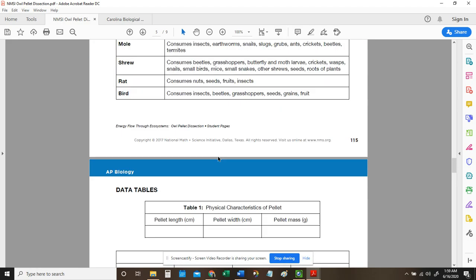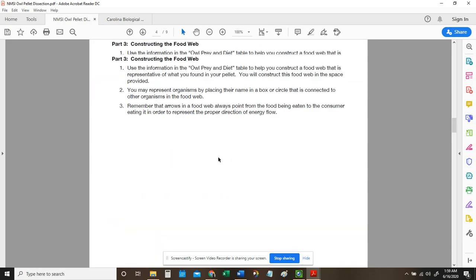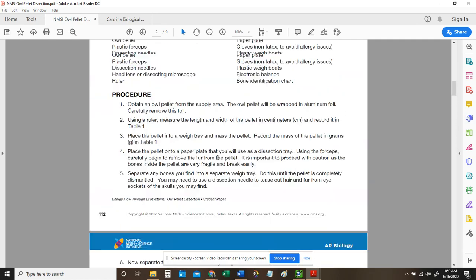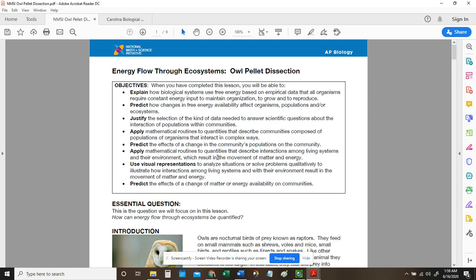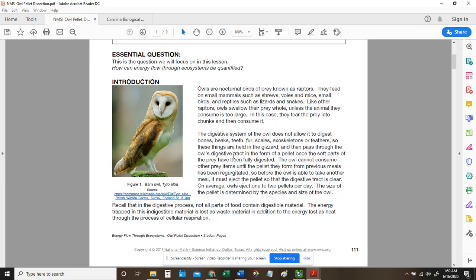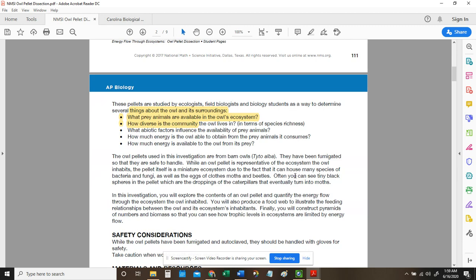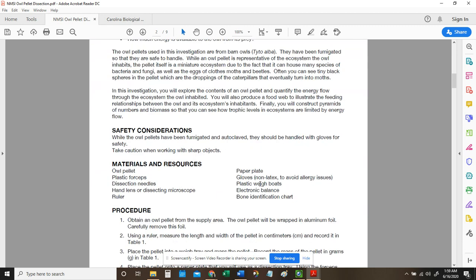Now, what I would also recommend is, let's say owl pellets are not something that are common around your area. You could also try doing this with an albatross bolus, which is very similar. The only thing is you might have to make some adjustments to the document when you print it out. Obviously, this won't apply to the bolus for the albatross, but it's still something that you can use.